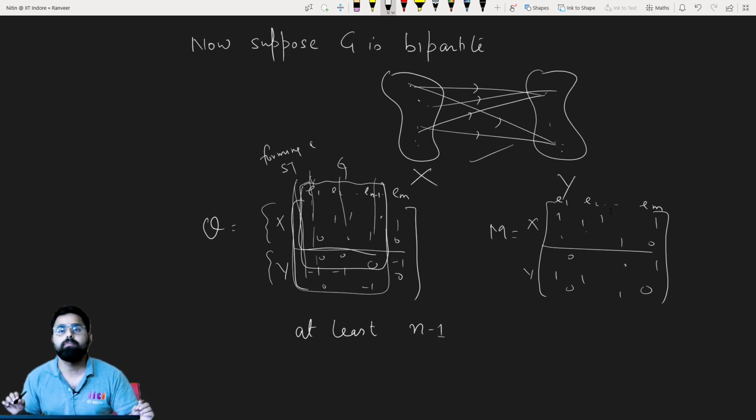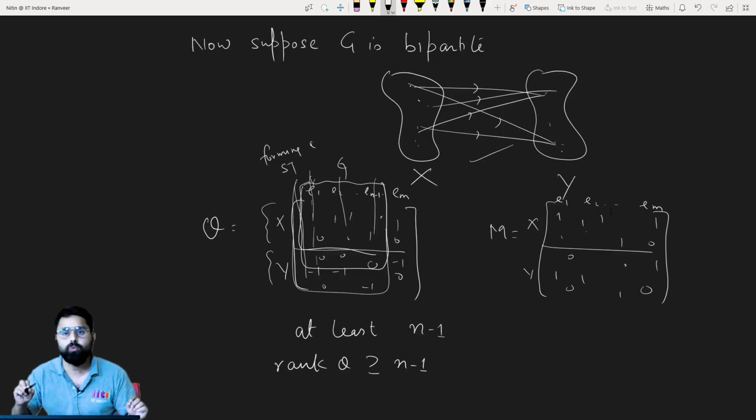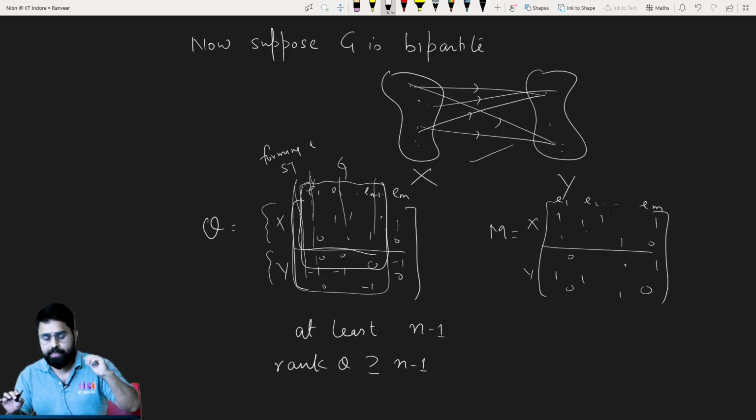Now keep on adding edges, columns, to it. Still the whole matrix Q will have rank greater than or equal to n-1. Okay, I hope this is clear.